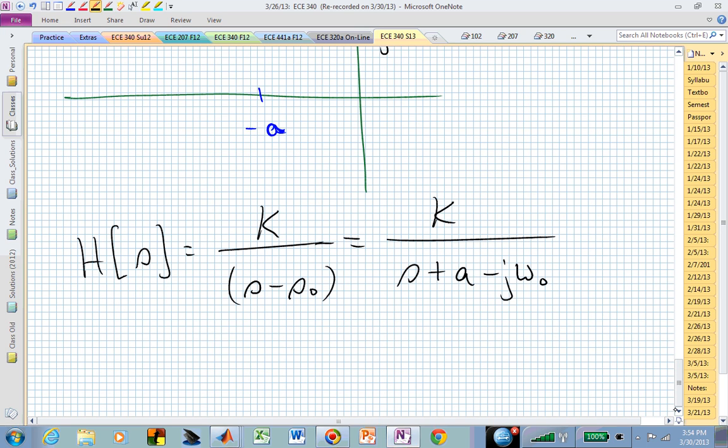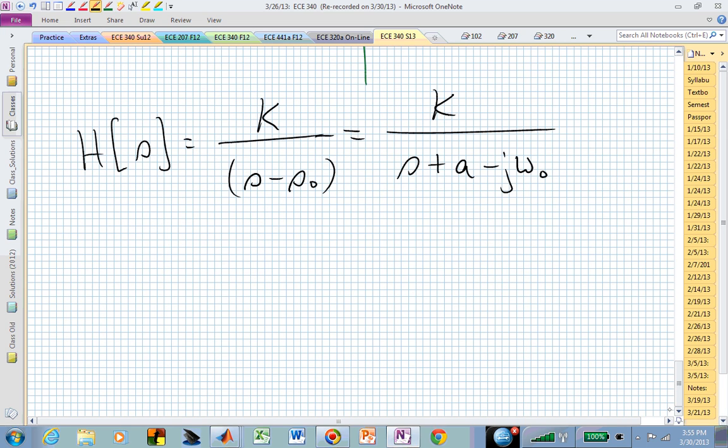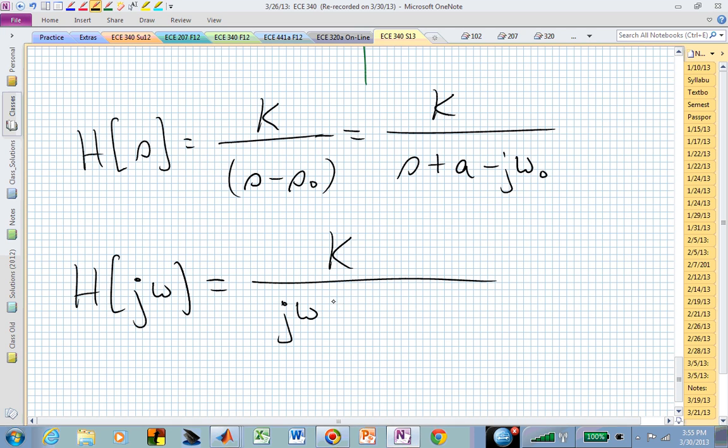That's the transfer function as a function of the Laplace transform variable S. What we really are interested in is the frequency response, which we can obtain by replacing S with J omega, and we now have the frequency response as K over J omega plus A minus J omega naught. That's now the expression for our frequency response.